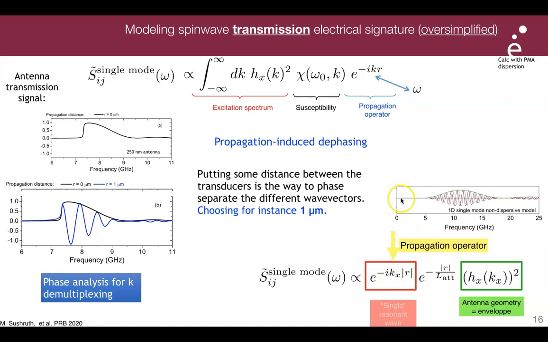So you expect to have a transmission spectrum like that, with an envelope that is related to the antenna shape, and a rotation in frequency, with real and imaginary values, that just tells you this phase rotation operator.